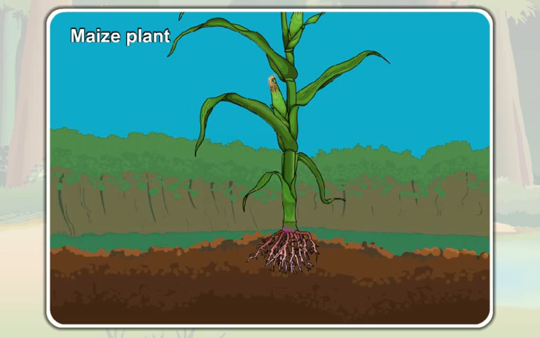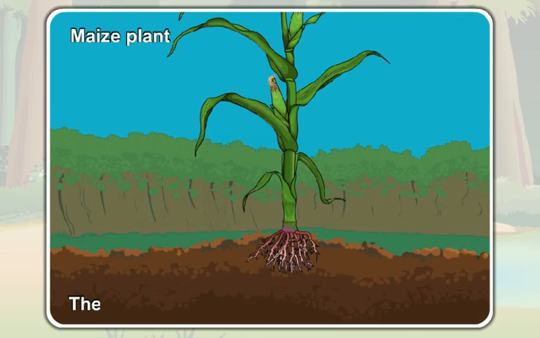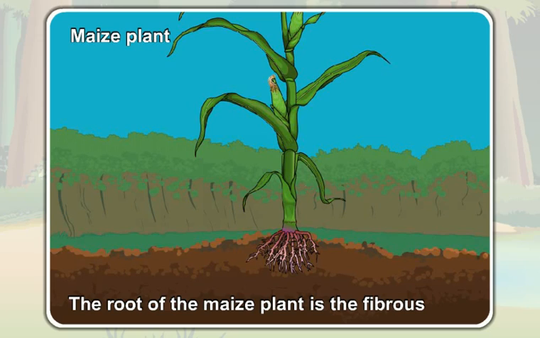The maize root has many thin roots instead. These thin roots are of equal sizes and they are in a bunch. This kind of root is called the fibrous root. So, the root of the maize plant is the fibrous root.